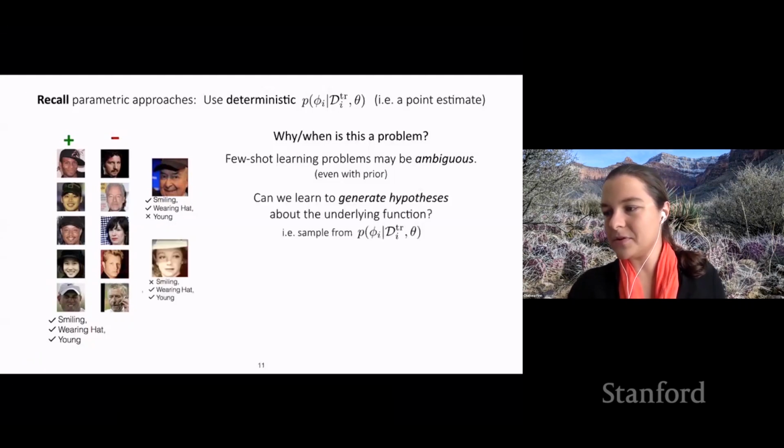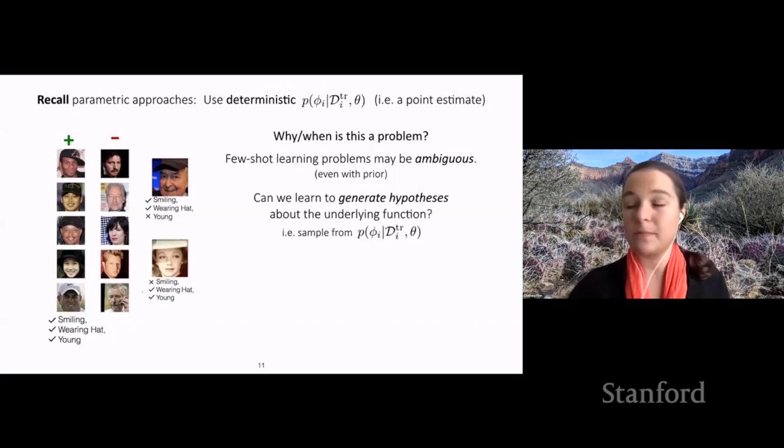Another situation where we may want to represent this distribution is if we want to generate hypotheses about the underlying function. If we want to sample from this distribution, then we need to somehow represent it. And once we can generate hypotheses, we may be able to ask a user which hypothesis is correct, for example.